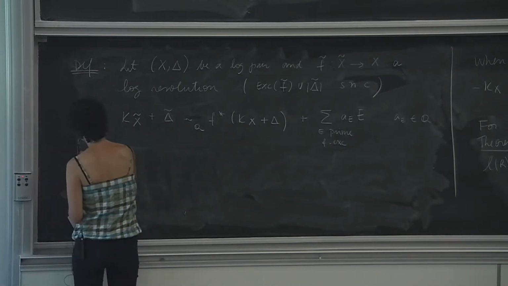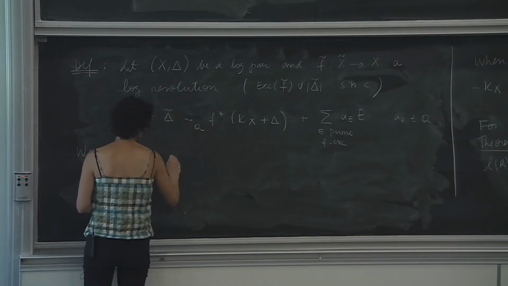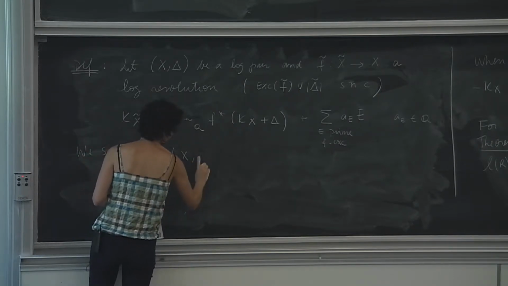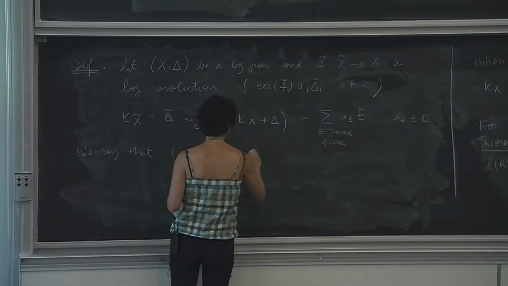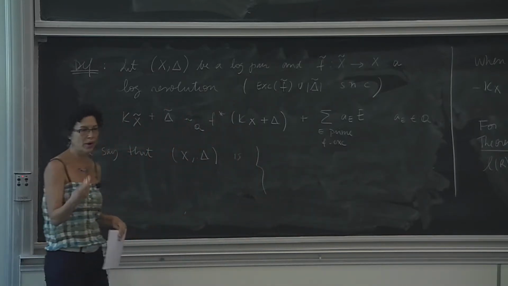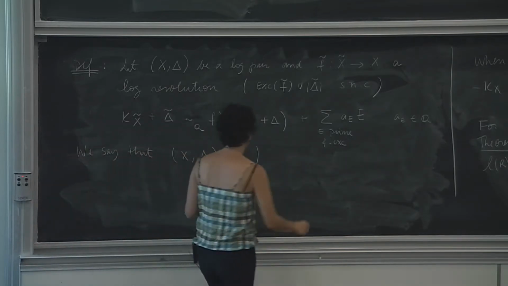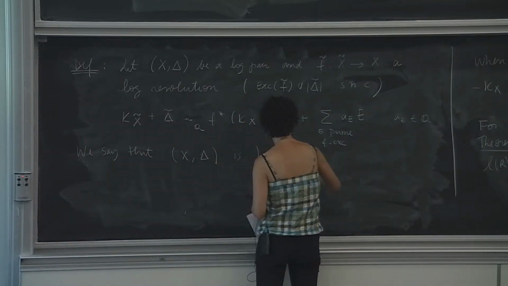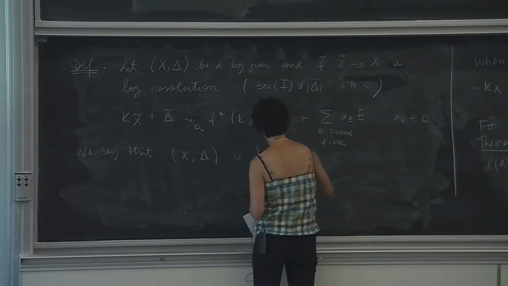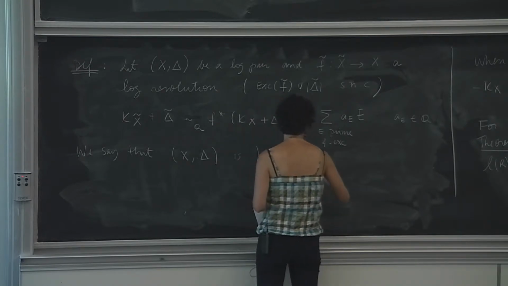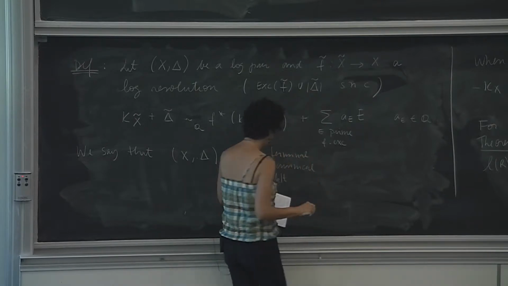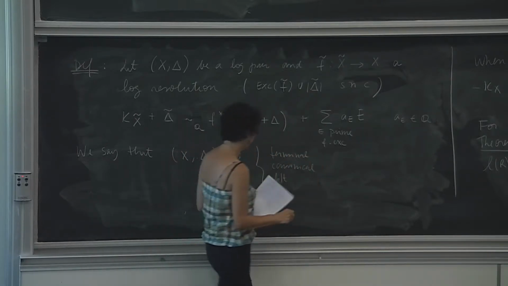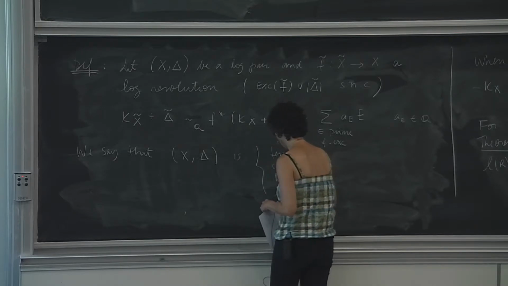And then we say that the pair (X, delta) is, well, I will introduce here. There are some notions that I already introduced last time: terminal, canonical, and now I will introduce KLT, which stands for Kawamata log terminal, and log canonical.